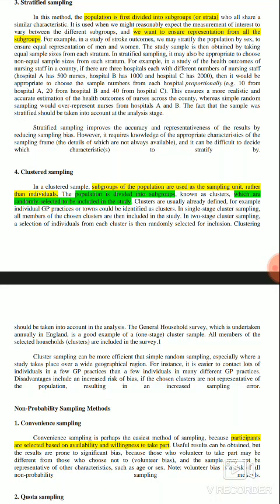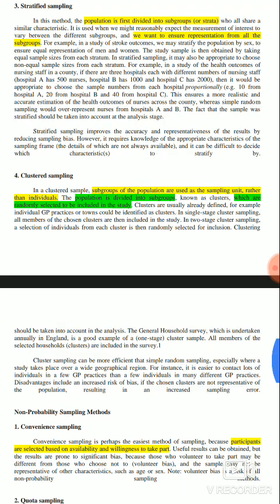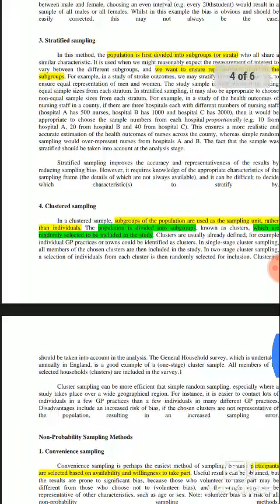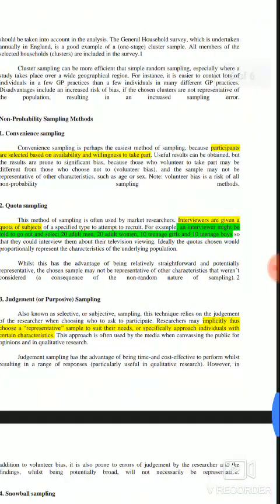For example, a total population is divided into 4 clusters like A, B, C and D. Out of these 4 clusters, a researcher takes any one cluster as a sample. If the researcher takes cluster A as a sample, he leaves out B, C and D. It's called cluster sampling.